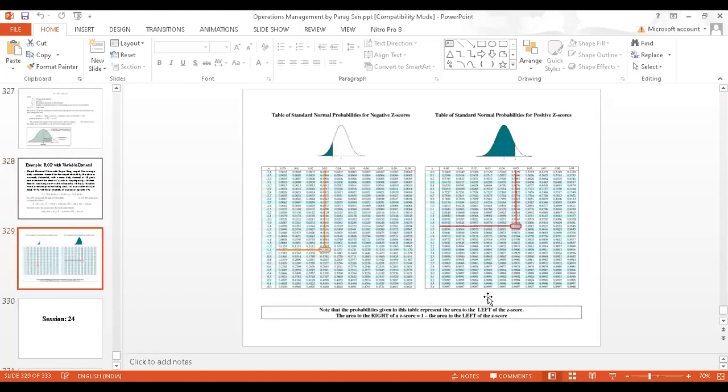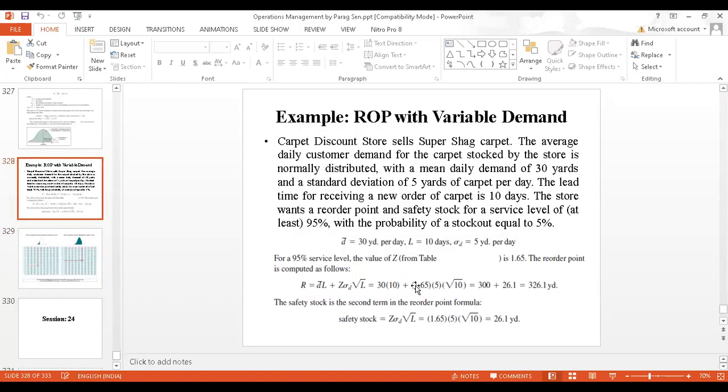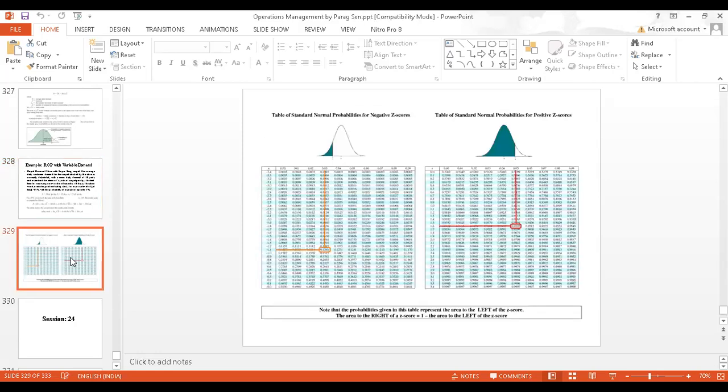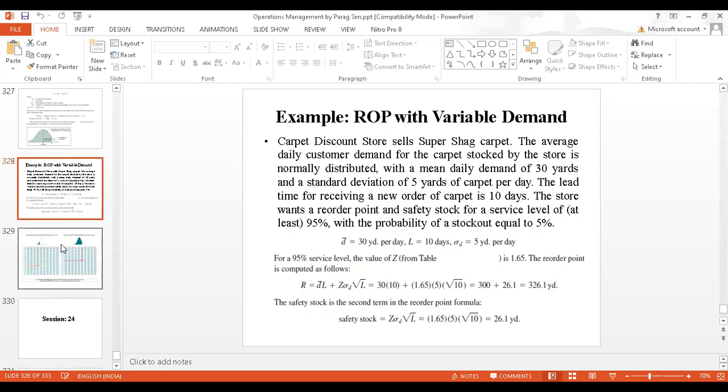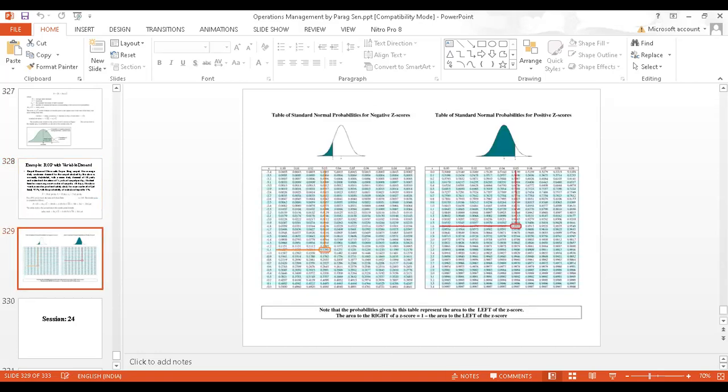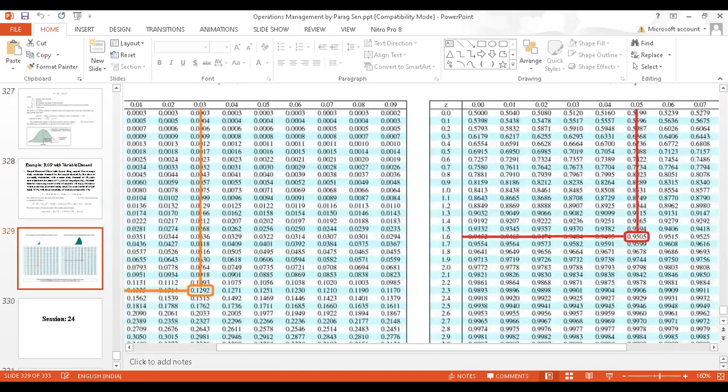In the case of a two tail test, the value is like 1.96 or something like that. But in this case, the value is not 1.96. In this case, the value is 1.65.